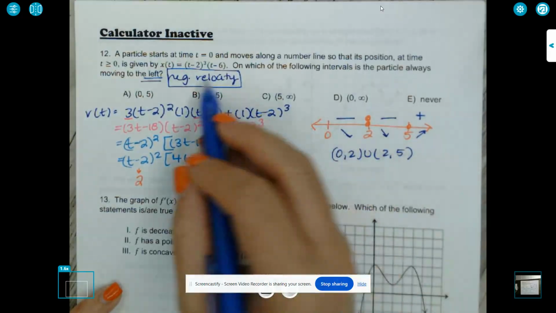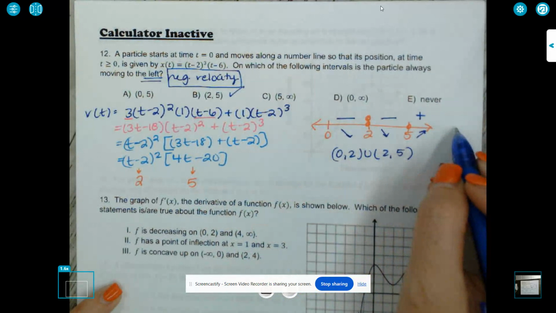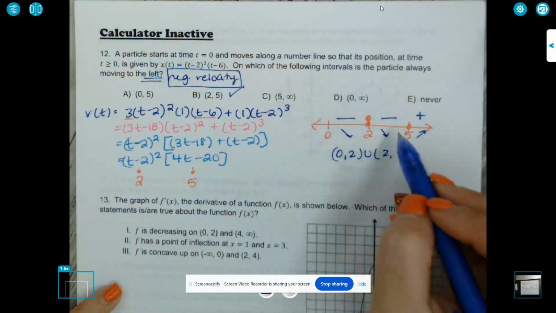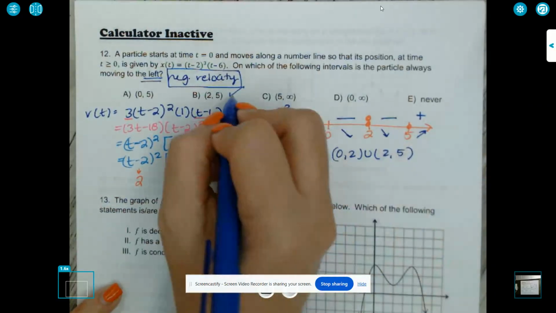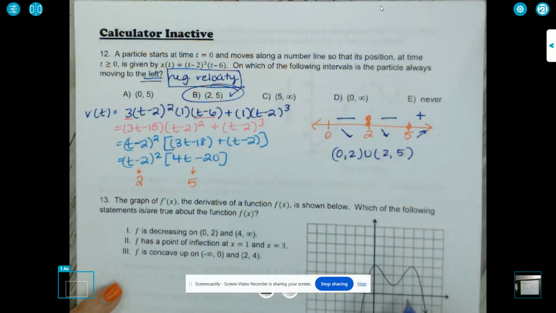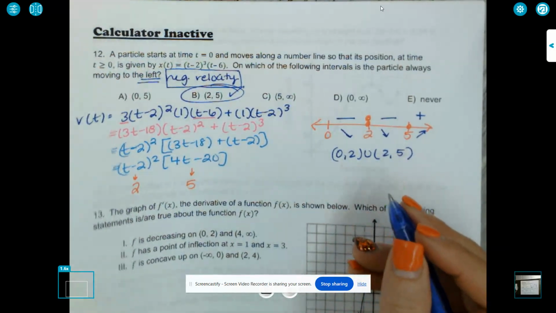So then that won't go all the way to 5. We know 2 to 5 works, so we're good there. 5 to infinity, well, that was positive, so that's not a negative velocity. 0 to infinity, definitely not, never. Okay, so B is our best answer. But if it was free response again, you would have to include both of the intervals.